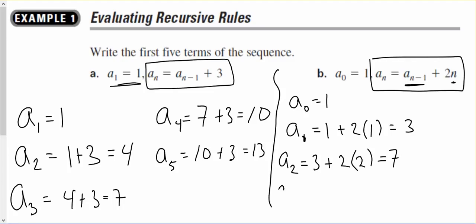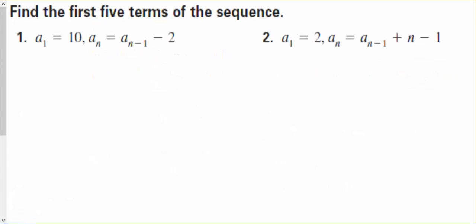Let's see what happens on the next one. I bet that it might double each time. So our third term would be 7 plus 2 times, we're on our third term, and the reason we're saying that is because this says n here, so 7 and 6 make 13. So where we had a change of 2, we had a change of 4, we had a change of 6, so we're going up by 2 plus the term we're on.